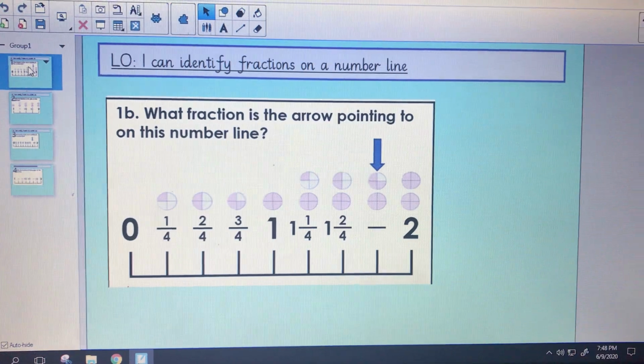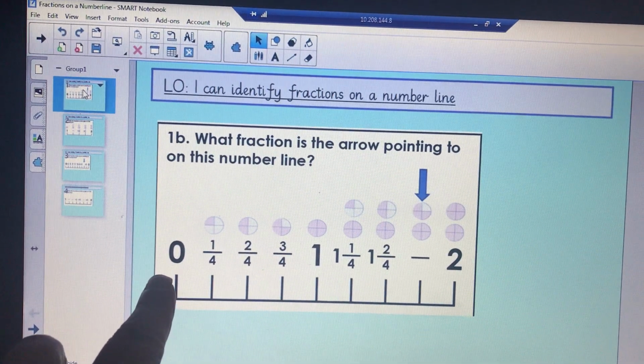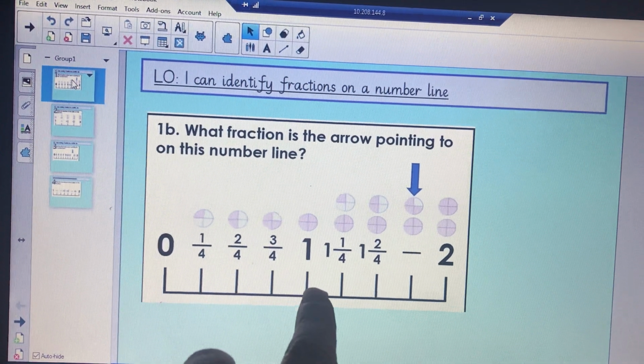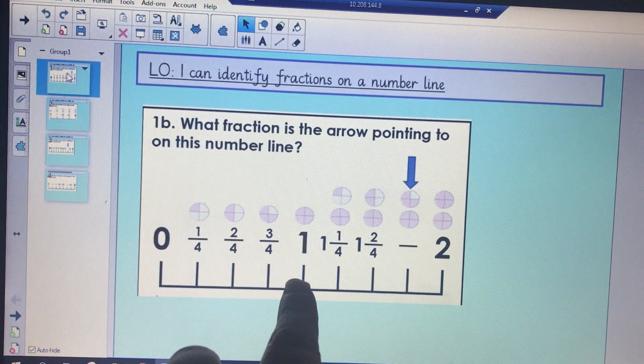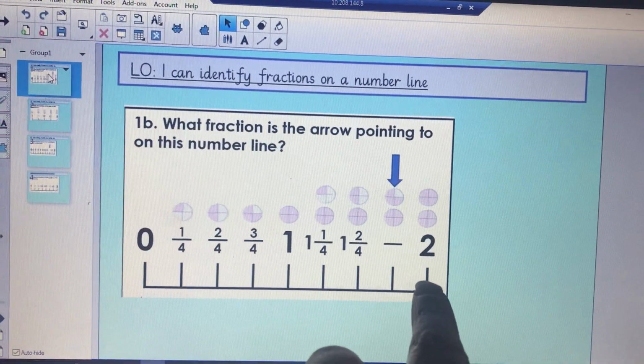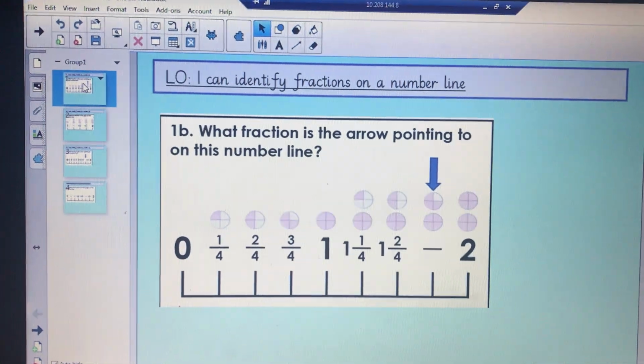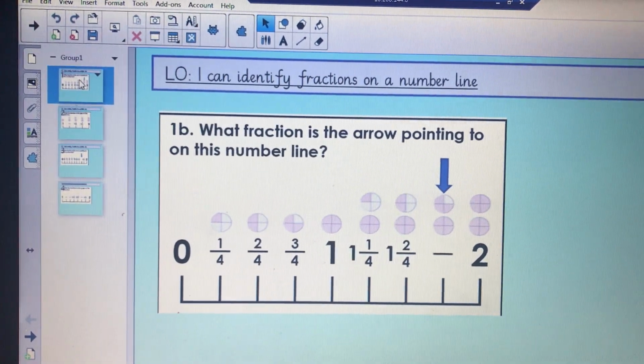As you can see with this example here, we have a number line that starts at 0 and then goes up to the first whole number, which is 1, and then goes up to a second whole number, which is 2. And in between the whole numbers, you can see there are some fractions.